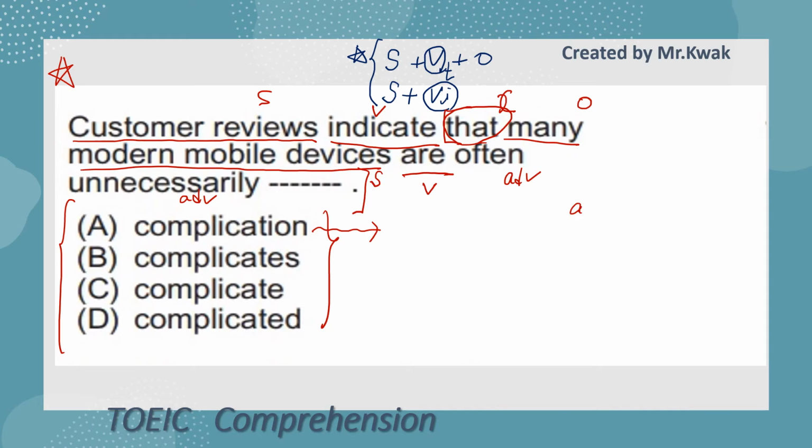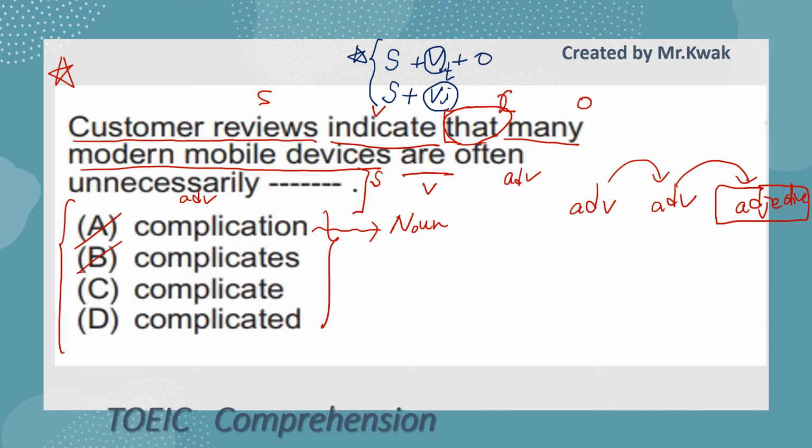If there is a sentence composed of adverb, adverb, at this point we can insert an adjective, because an adverb can emphasize an adjective. So we can find just the adjective. A is a noun.